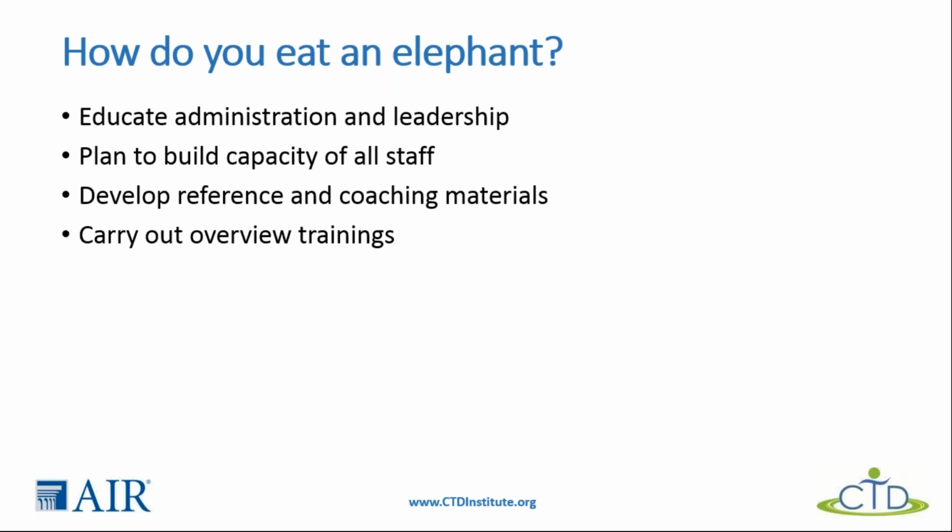So that includes everything that we do. And trying to wrap your mind around that becomes a little bit overwhelming. So we started with overview trainings just to kind of get people's feet wet. And then from there, we moved into more in-depth trainings. And we'll talk a little bit about some of the lessons that we learned going through this process as we continue.